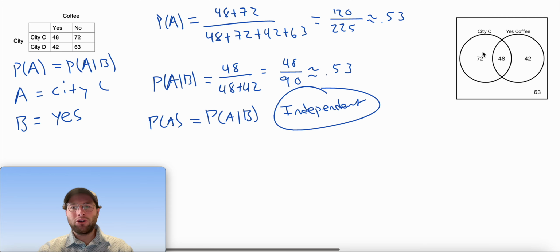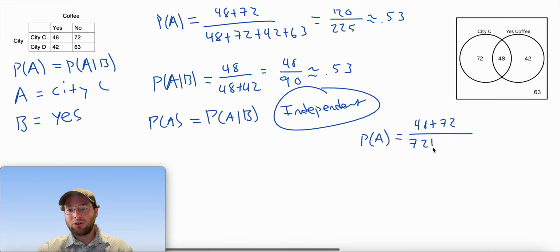And so, in order to determine whether living in city C is independent of drinking coffee, we do the same thing. So we want to find the probability of living in city C, which again is going to be 48 plus 72 over the total amount of people surveyed.